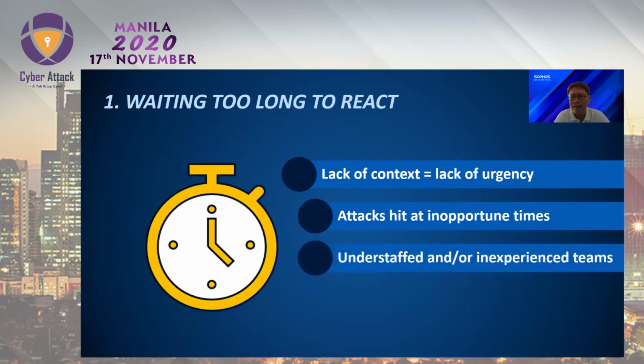The third that we have seen is usually understaffed or inexperienced teams. This is something a massive number of our customers experience. When there is a detection using any of the security solutions, does your team have the capabilities or know-how to look at it and start building up the different types of processes to deal with this type of detection?